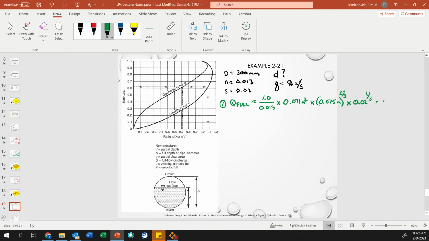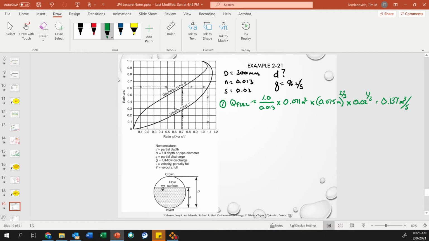So I get 0.137 cubic meters per second. Okay? So if you're wondering how this Manning's equation actually came about, they do full scale load tests, and they did a lot of research here. So, okay. So now I know Q full.